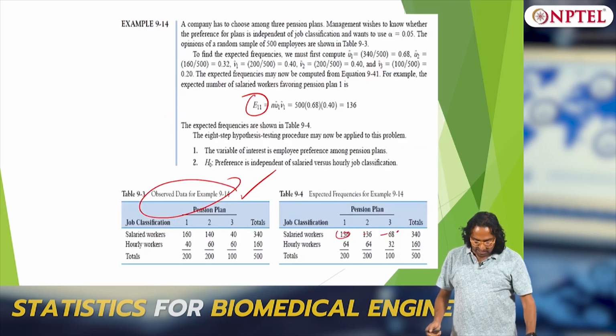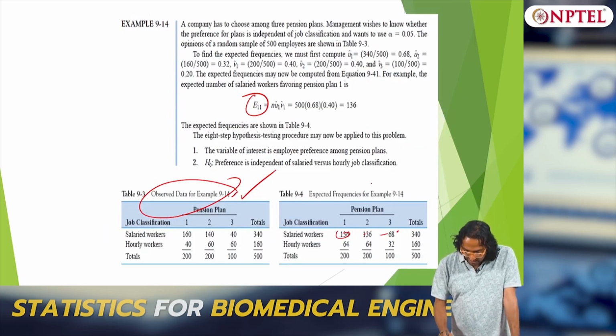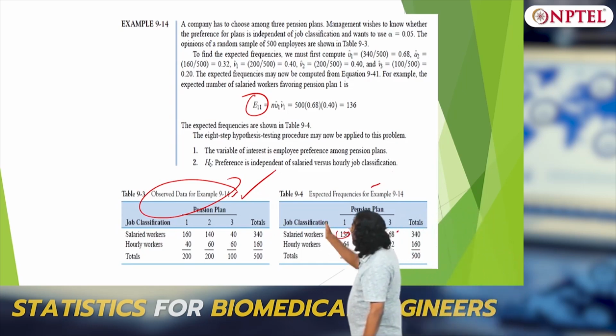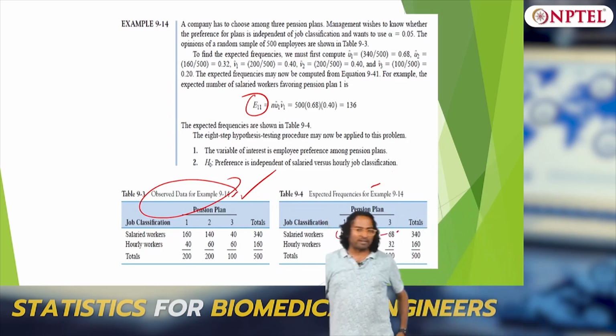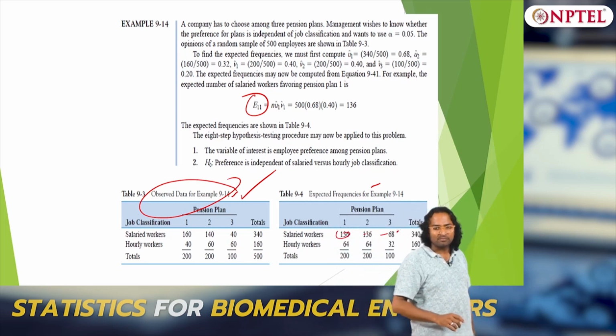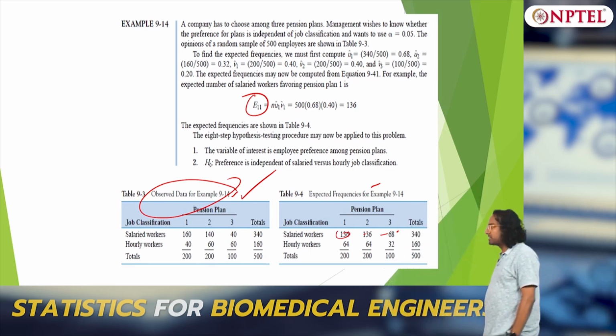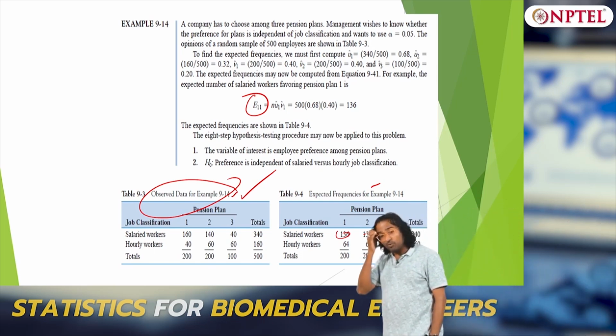But the key point is, now this is my observation, how do I get the expected? Can you calculate the expected for this problem? Please do it. The problem statement is given, if you do not understand please let me know.